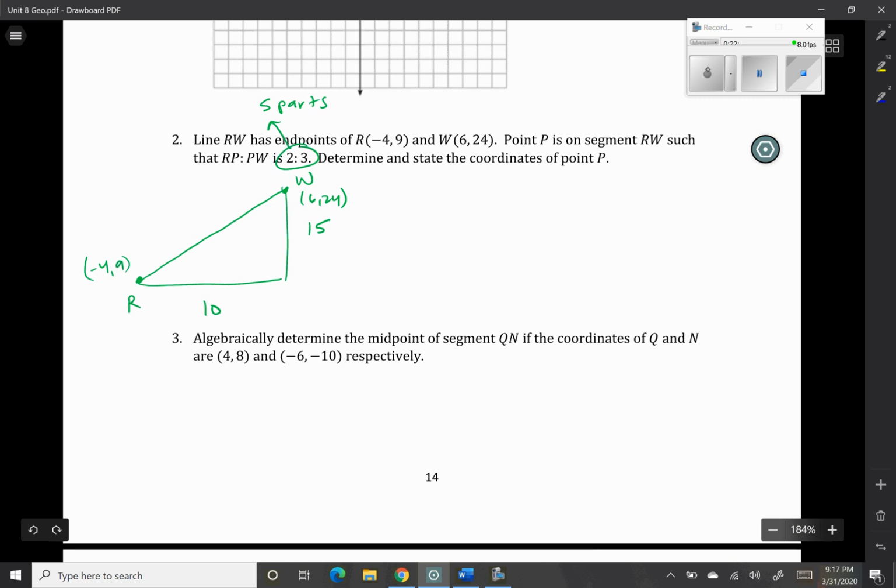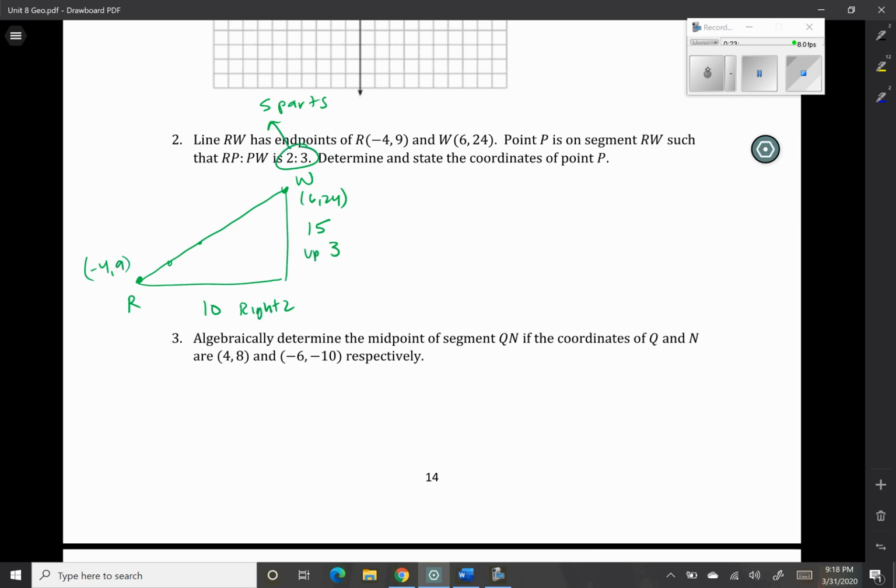So if I have 10 and I want to separate that into 5 equal parts, I'm going to go to the right 2. If I have 15 and I want to make that into 5 equal parts, I'm going to go up 3. So if I go to the right 2, up 3, to the right 2, up 3, I'm going to separate this out into 5 equal parts.